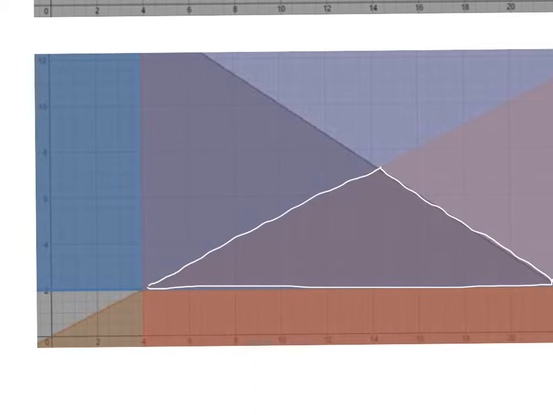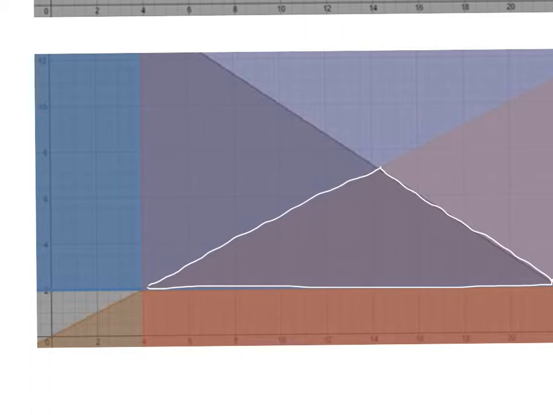If we minimize everything, we could keep at least 4 and 2. If we maximize the amount of A's, we would have 2 B's and looks like 22 A's. If we maximize both, that happens at this vertex.